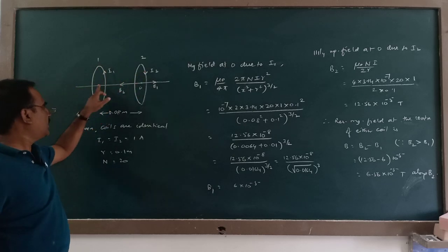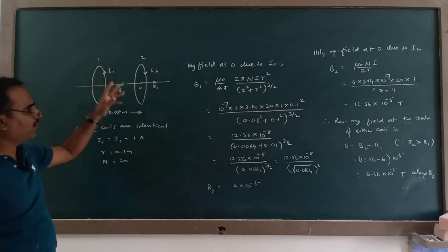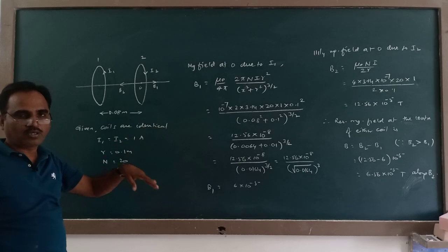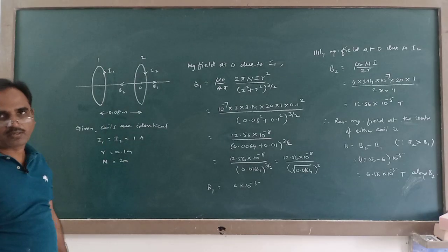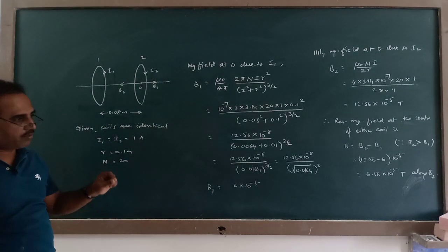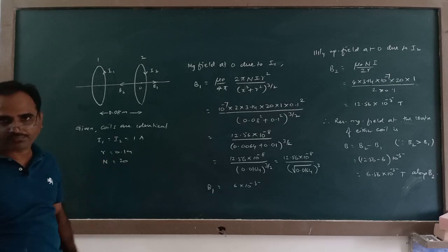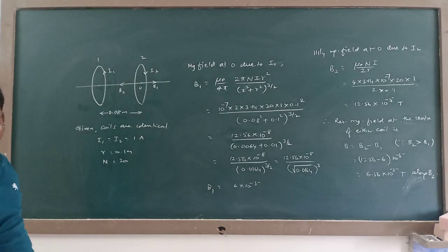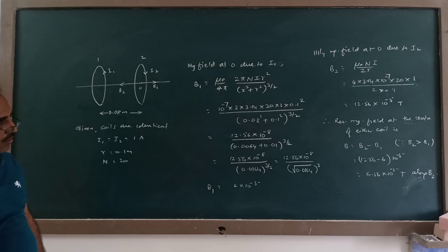Due to this current I2 the field is weaker. So resultant field will become B1 minus B2 along B1. Resultant field will be B1 minus B2 and it will be along the direction of B1 because B1 is stronger than B2. And the magnitude will remain same, 6.56.